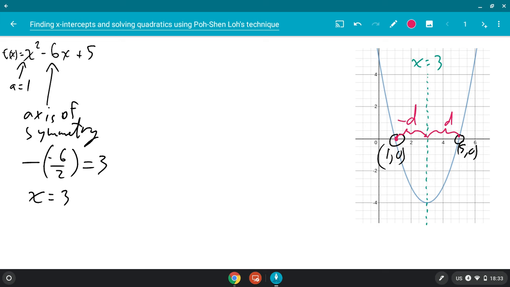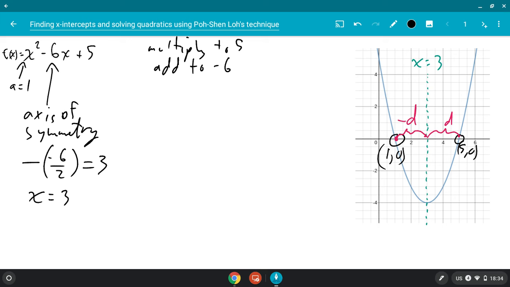So if we were to factor this, we want to think about what numbers multiply to 5 and add to negative 6, okay?